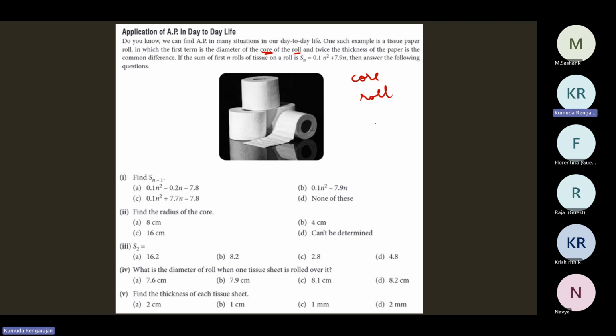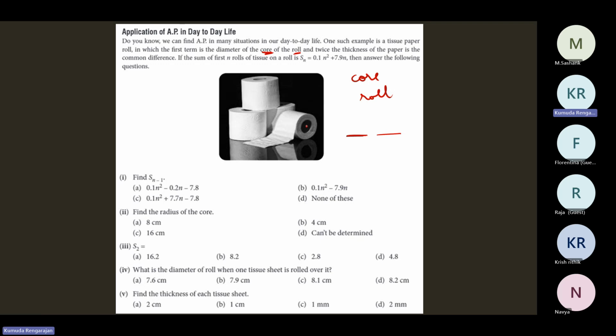The terms of the AP here are the diameters. Starting from the core, the diameter of the core is the first term. Then the tissue paper is wound on it, no? That's the diameter of that tissue paper, that cylindrical tissue paper. That's the second term.